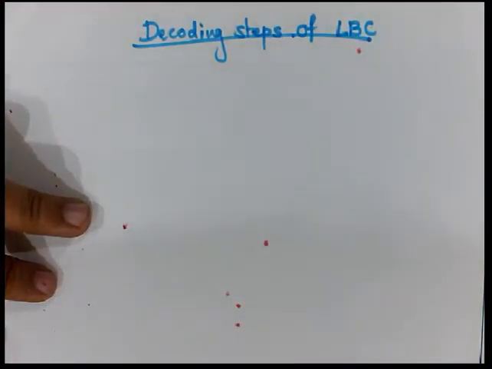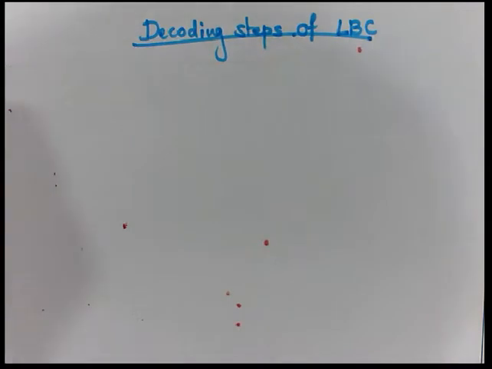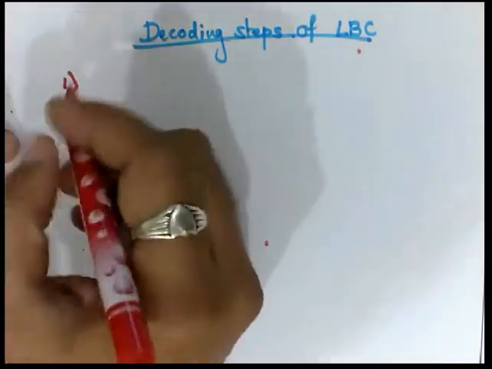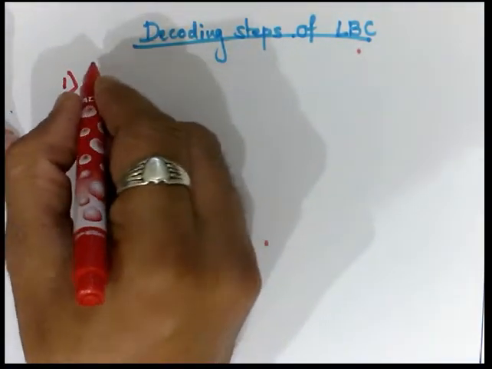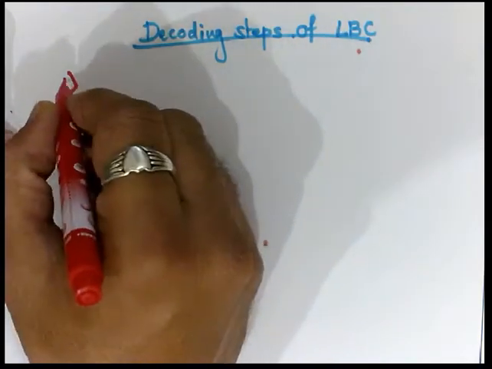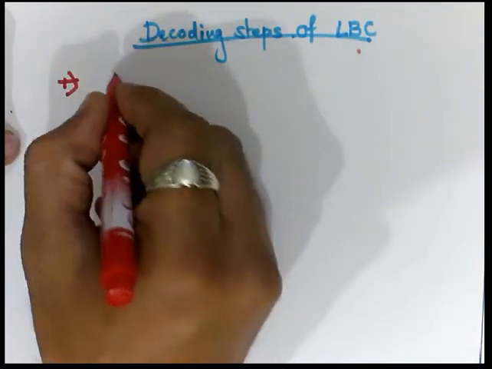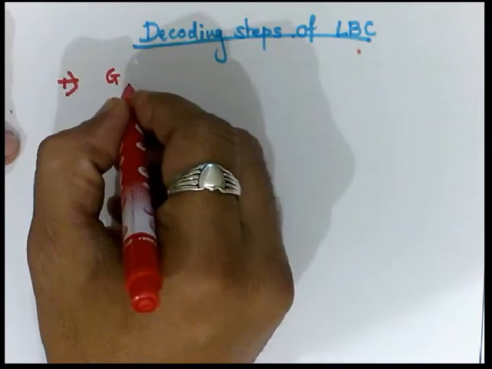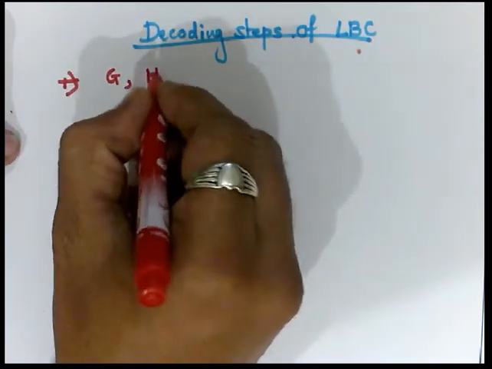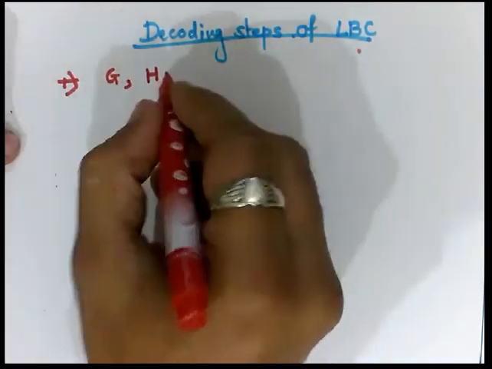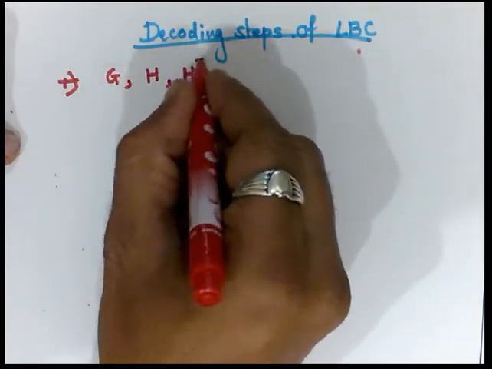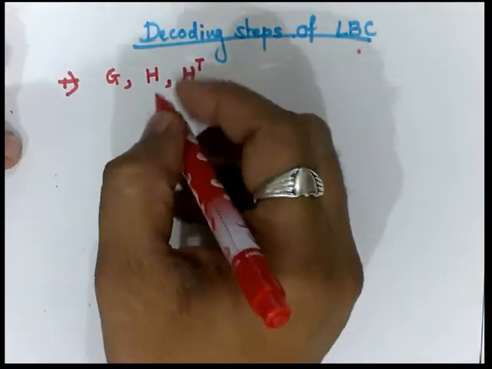For the decoding steps, the very first step is, जब आपके पास generator matrix होगा, if you have the availability of generator matrix, you can calculate the capital H. From capital H, you can calculate the H transpose.